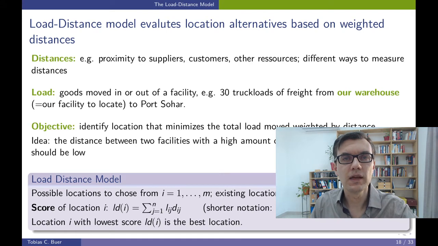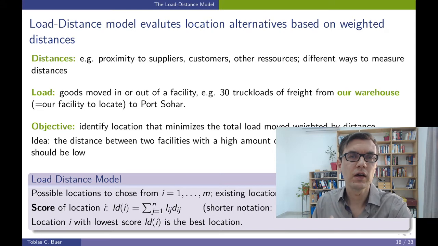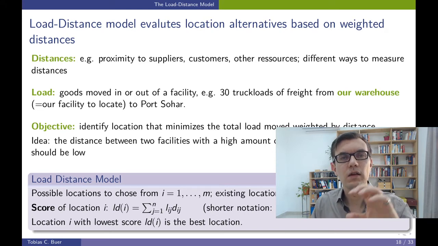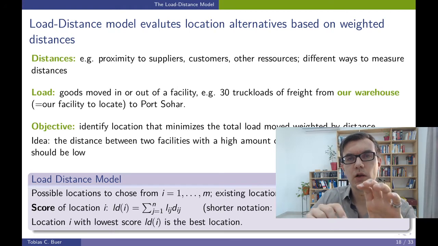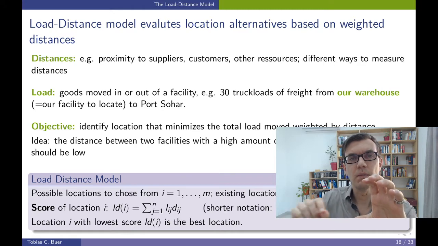So if we are, for example, the company that produces Mountain Dew, and we are looking for a single new warehouse location that should be used to provide Mountain Dew to our customers, which are supermarkets, then we look at the distance of the location to our customers, and at the same time we look at the amount of transport that we have to do from the new location to the existing customer.